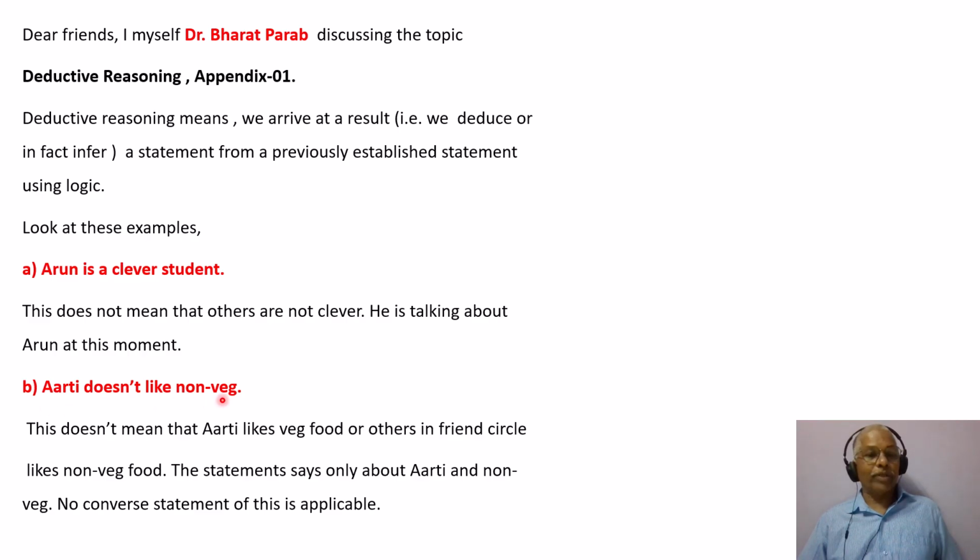Arti doesn't like non-veg does not mean that Arti likes veg food. It also does not mean that others in the friend circle like non-veg food. The statement says only about Arti and non-veg. No converse statement of this is applicable.